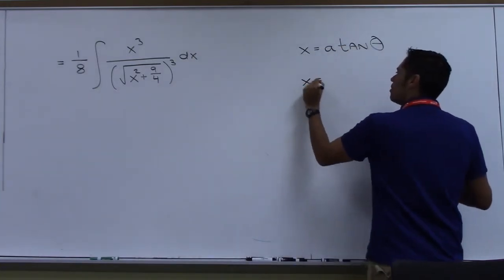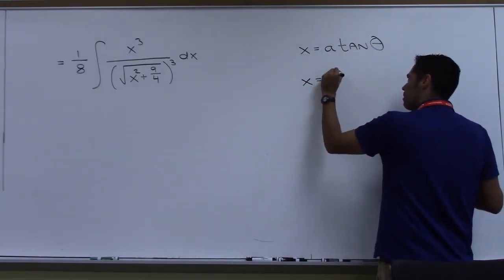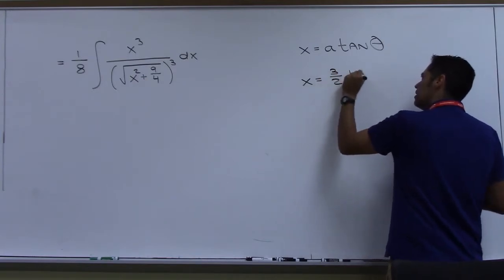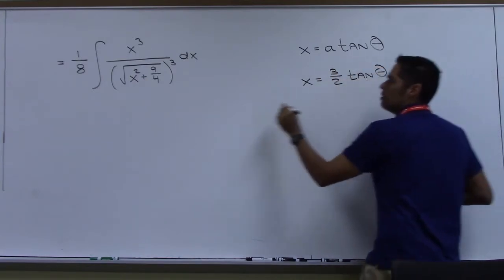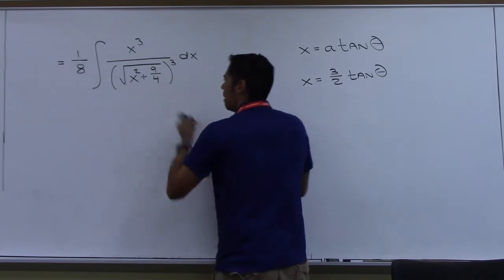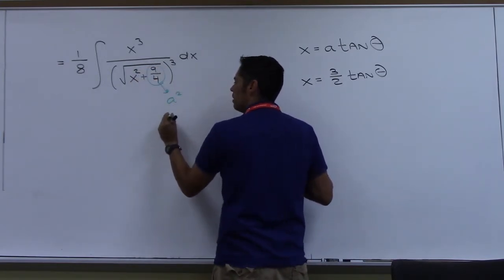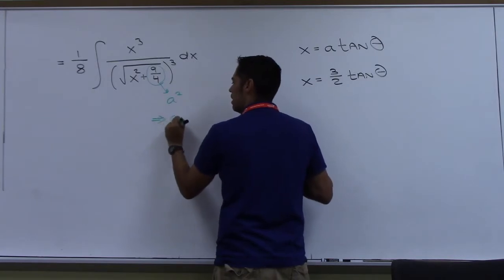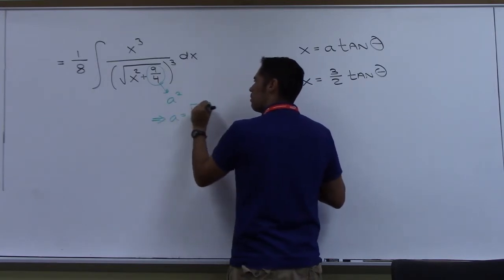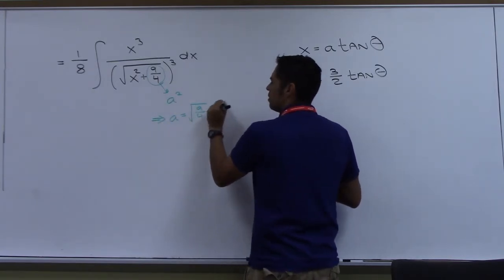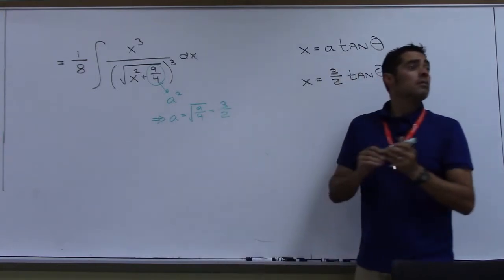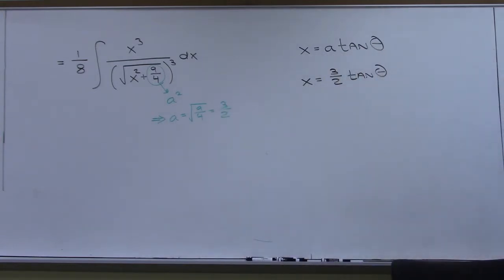So x is equal to 3/2 tan theta, using the fact that this was a squared, which implies that a is the square root of 9/4, which is 3/2. Do y'all see that?